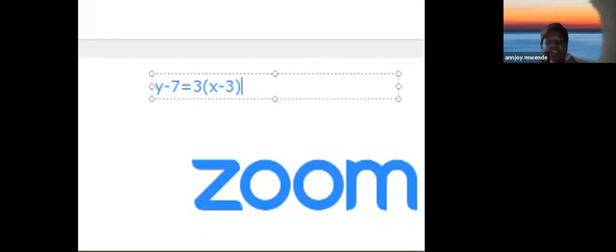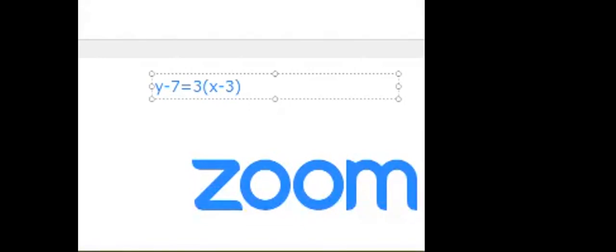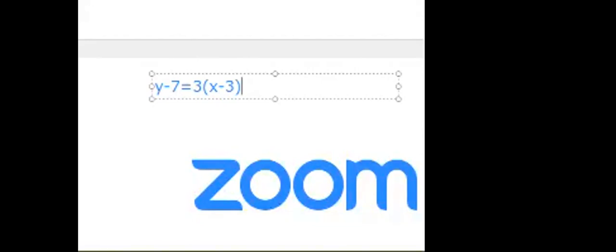Now the second step is to open the bracket, which is y minus 7 is equal to 3x minus 9. Y is equal to 3x minus 9 plus 7, which is y equals 3x minus 2.